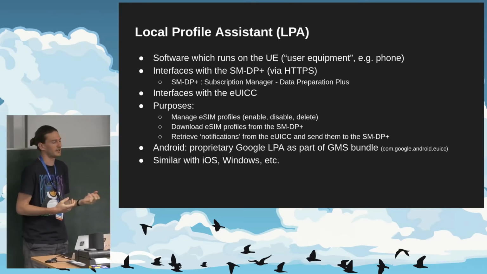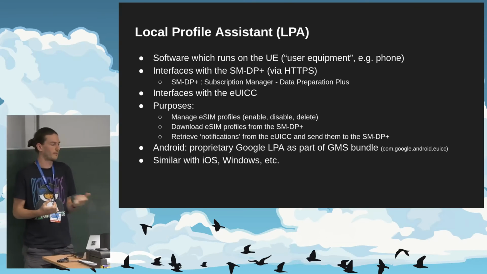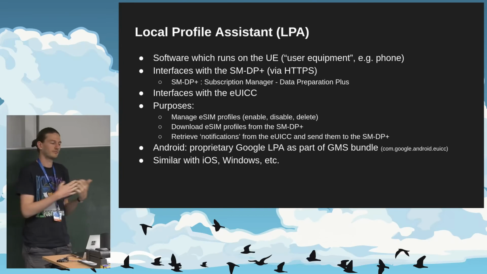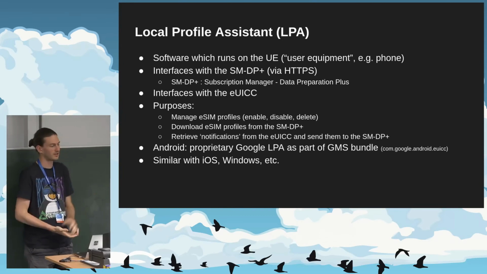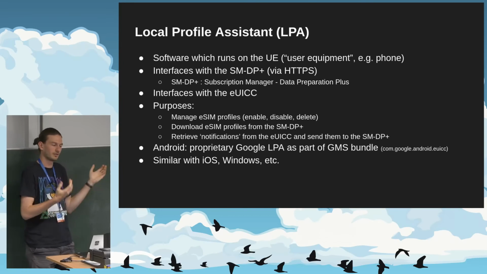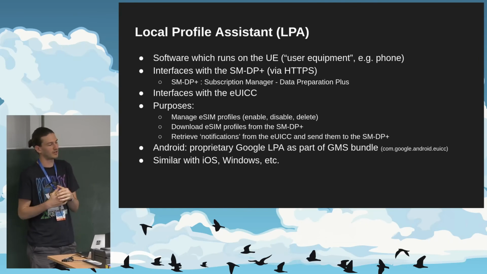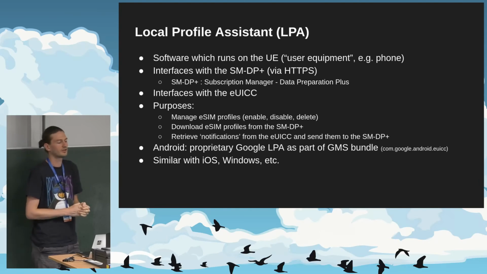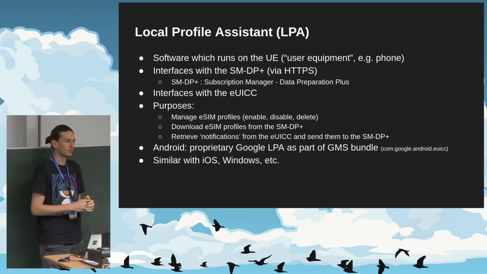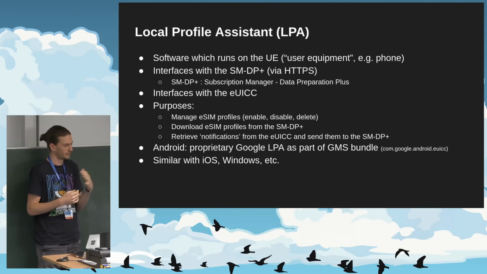The LPA is basically the component that's responsible for managing the eSIM profiles, so enabling, disabling, deleting, and, as I said, downloading new eSIM profiles from the SM-DP+. And then from the other side, from the SIM card, it can create some notifications, as they call them, for example if it has successfully installed the profile that you've downloaded.